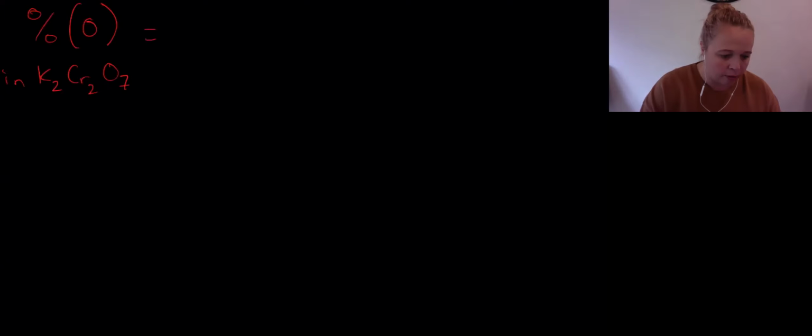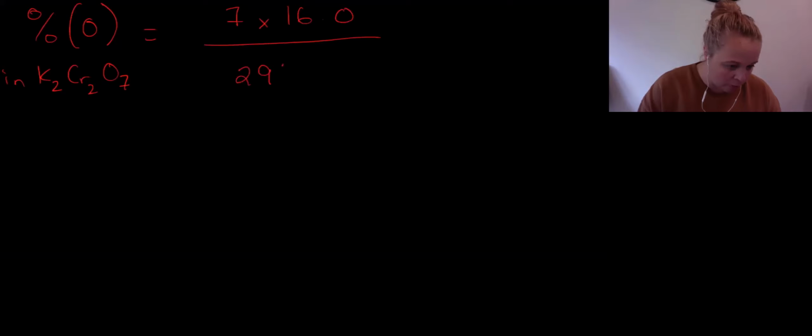We come back to our board and say, now I'm going to look for the percentage of oxygen in K2Cr2O7. What do we need? We need the mass of oxygen at the top. That's 7 times 16, because there are 7 of them, over that entire mass before. I'm just going to use it from before: it was 294.2.